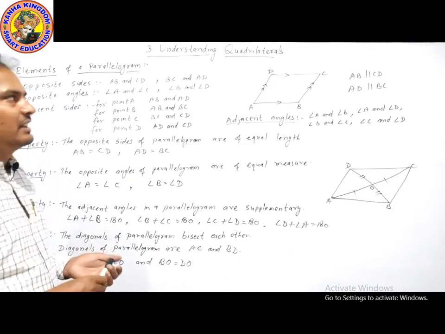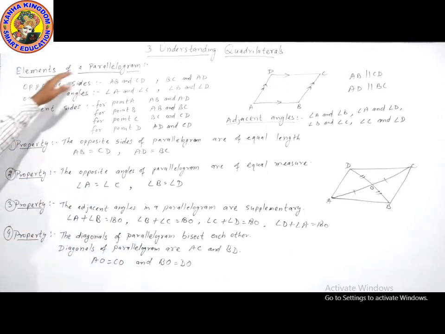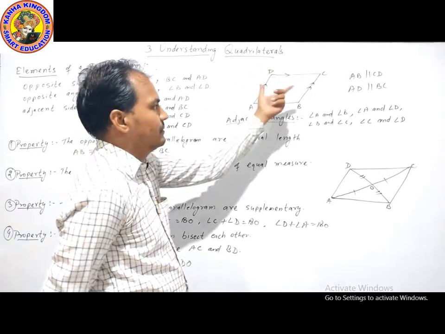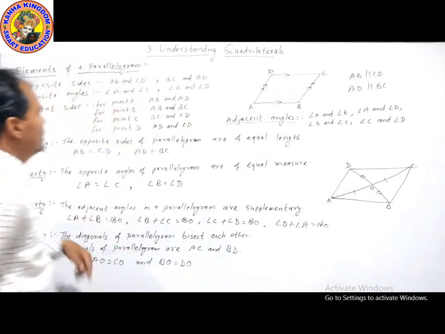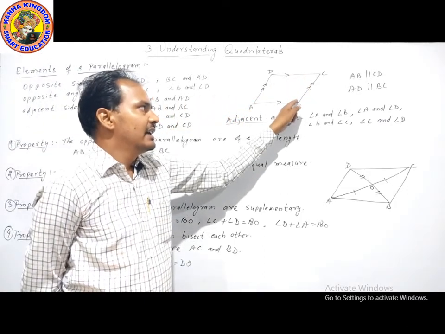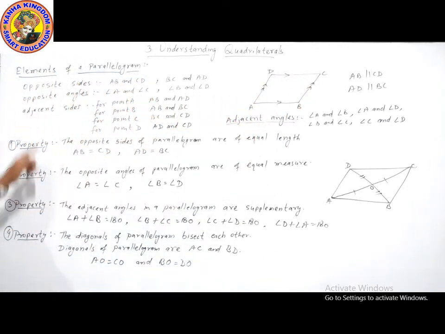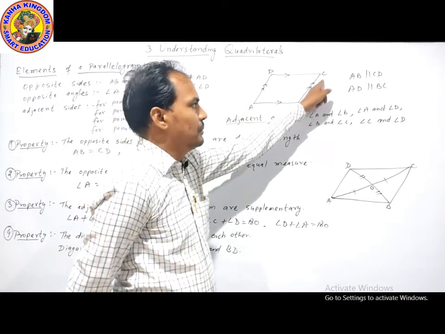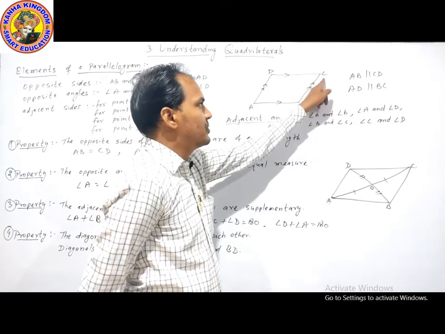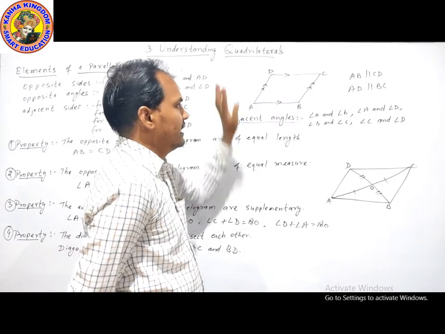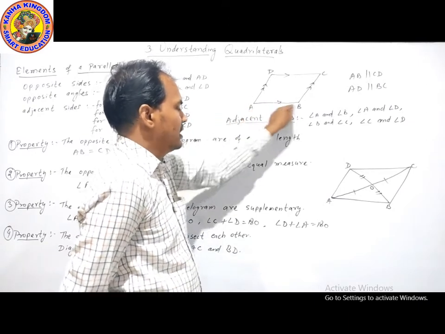So let's take it from the beginning. Elements of a parallelogram: first is opposite sides, AB and CD, AD and BC. These are the opposite sides. Opposite angles, angle A and angle C, angle B and angle D. Adjacent sides: AB, BC. Now BC, CD. Now CD, AD. Now AD, AB.